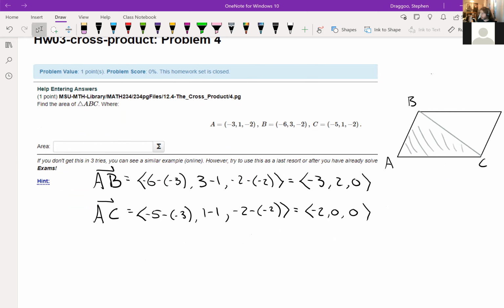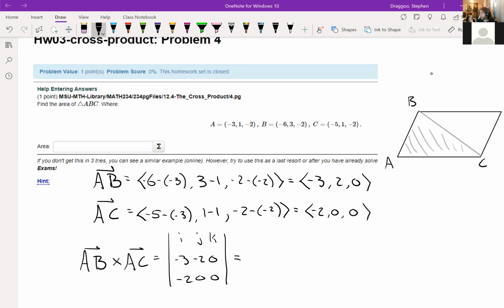So I've got my 2 vectors. Now I need a cross product. So I want AB cross AC, which is i, j, k, -3, 2, 0, and -2, 0, 0. And with this particular determinant, it doesn't look too bad to calculate.